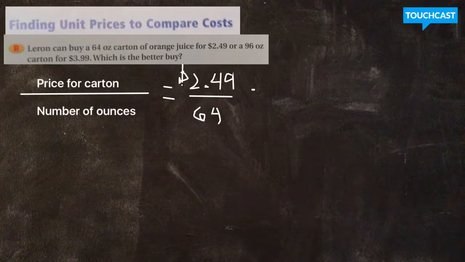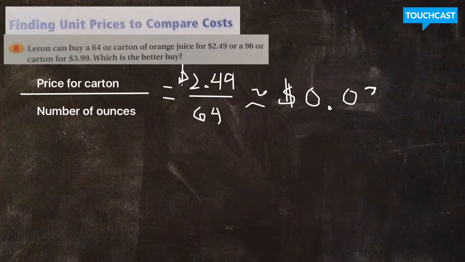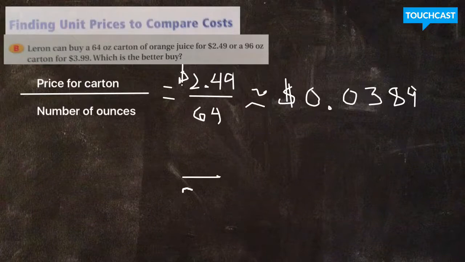We can do the division and estimate that it'll cost $0.0389 for 1 ounce. Now let's check that with our other option. We can buy a 96-ounce carton of orange juice for $3.99.